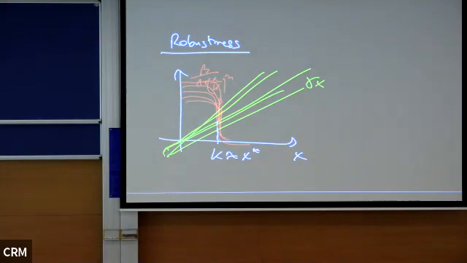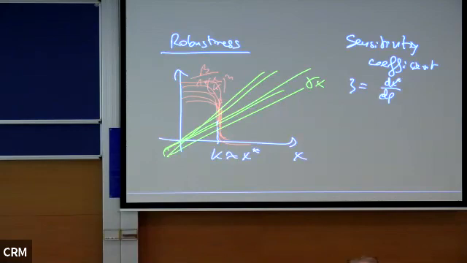There is this quantity called the sensitivity coefficient, which we define as Xi, which is basically the derivative of the fixed point with respect to the parameter, whatever parameter there is, beta, gamma, or whatever.